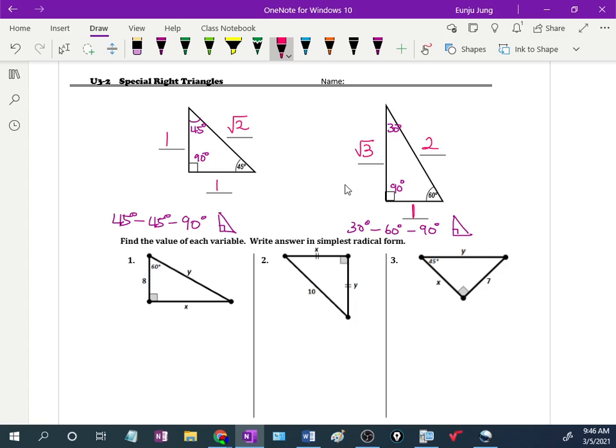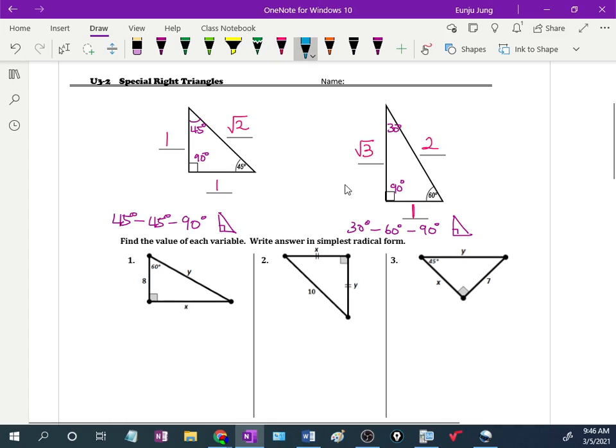So the ratio is 1 to root 3, or 1, root 3, 2, okay? And I always say 1, 2, 3 with the head, okay? Which is longer, 2 or root 3? Root 3 is about 1.7. So it's shorter than 2. 2 means root 4. So root 4 is greater than root 3.